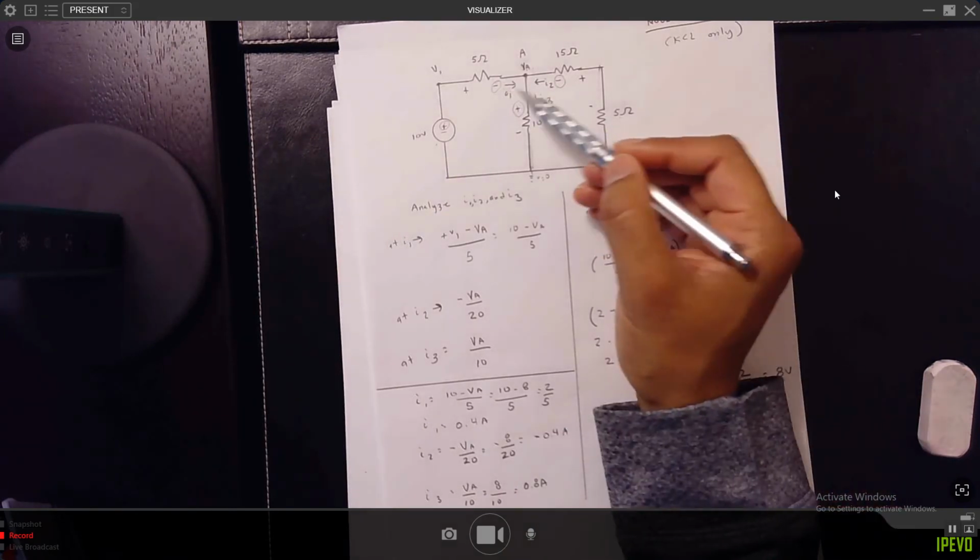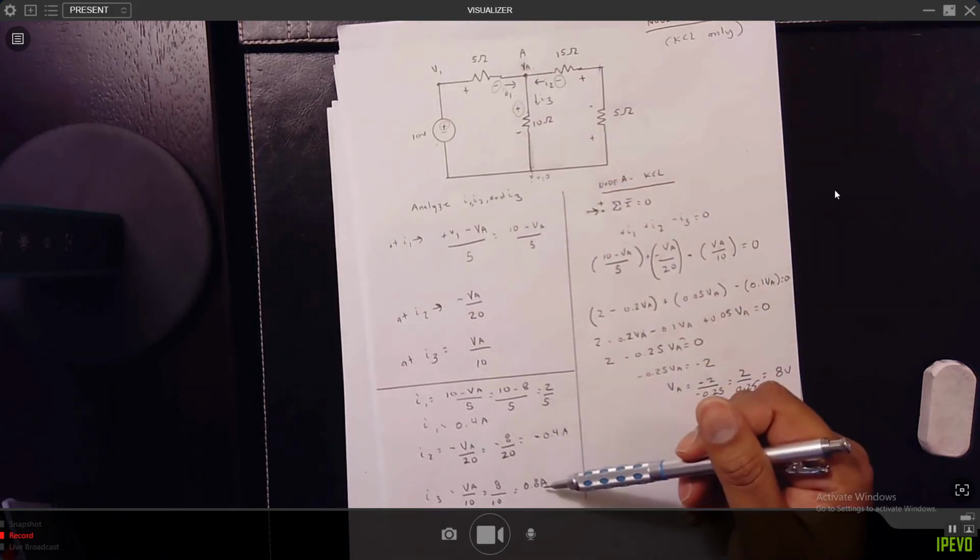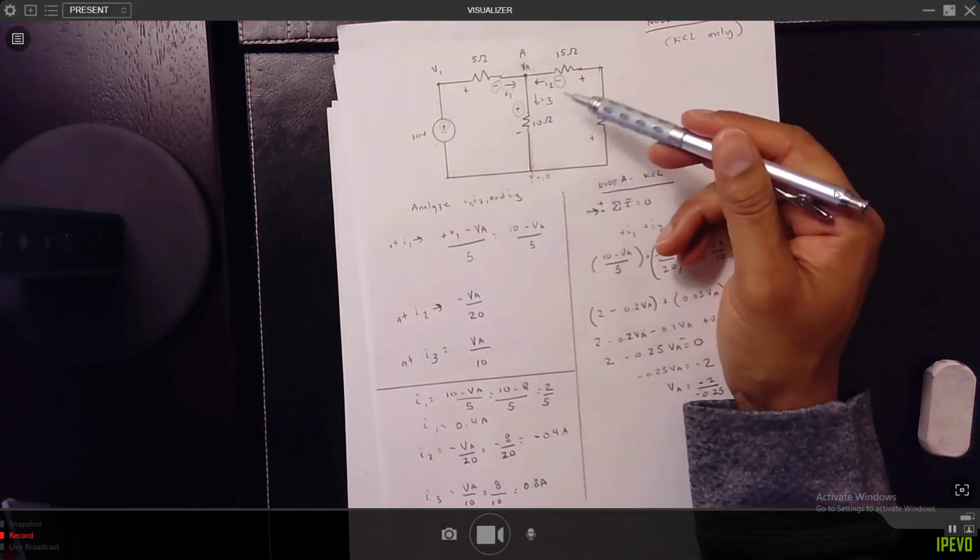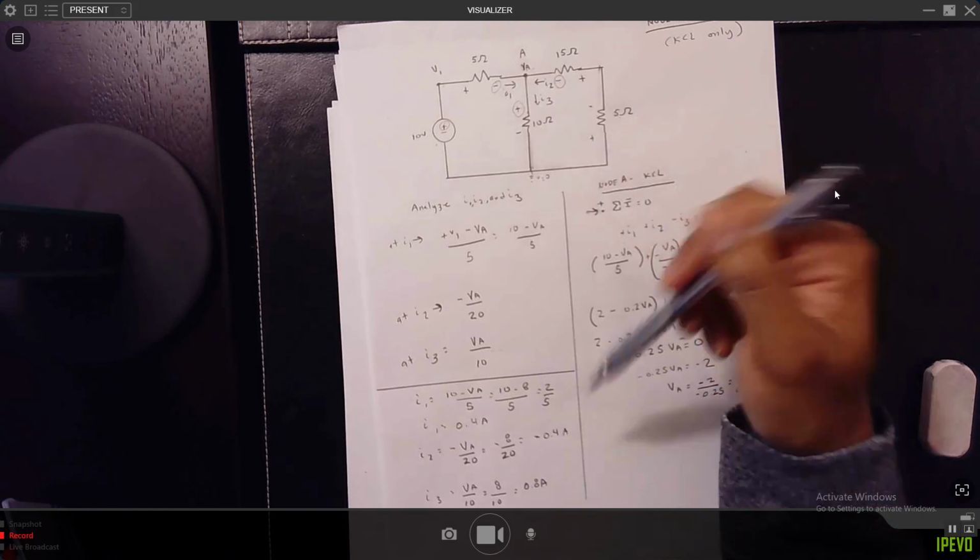But what about this I2? Why is this negative? This negative sign is simply an implication of a direction. So let me show you how to adjust this negative sign.